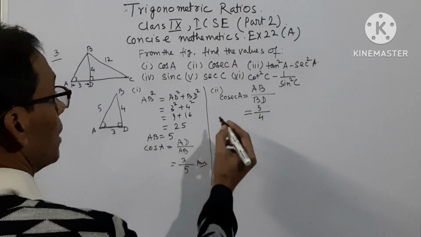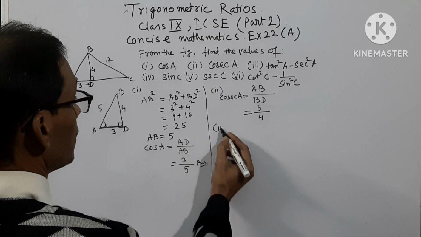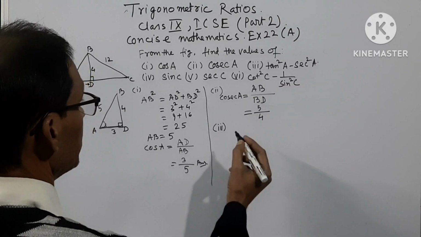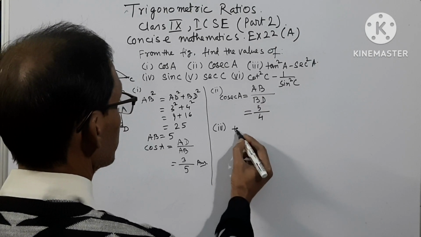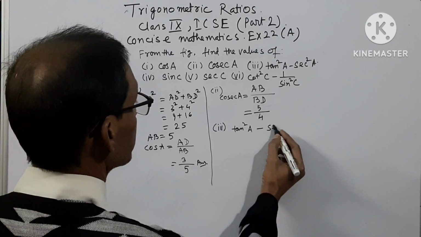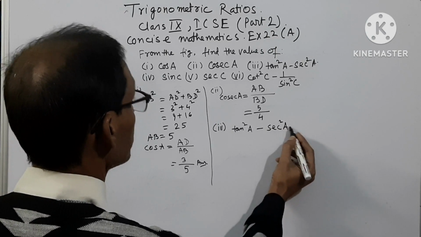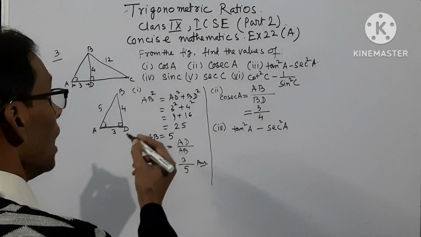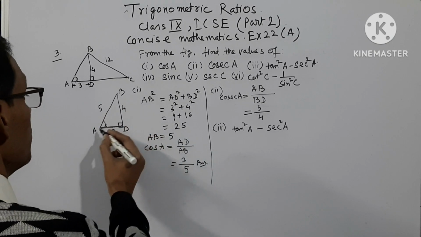Let's look into number 3. Tan square A minus sec square A. Tan means perpendicular upon base.